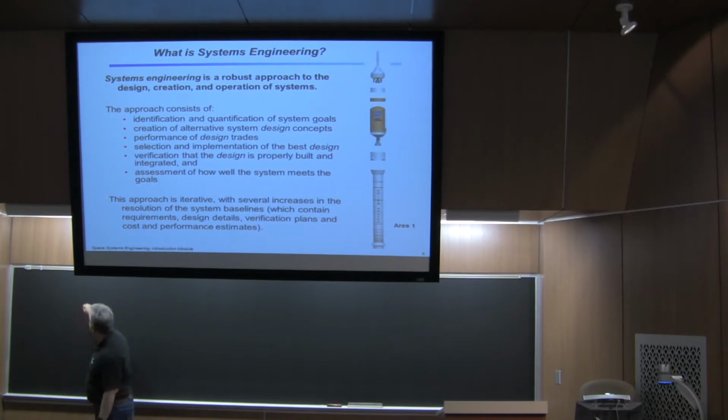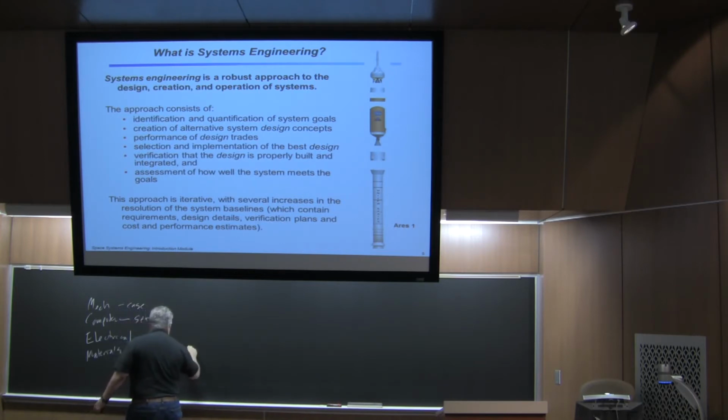Mechanicals for the case. All right, mechanical for the case. Computer, so computer for software. Hardware. Electrical. Material for the battery, the glass. Plastic solutions, stuff like that too, plastics.